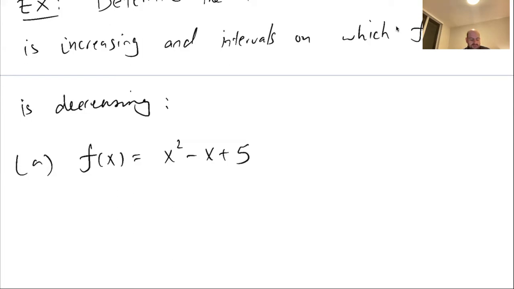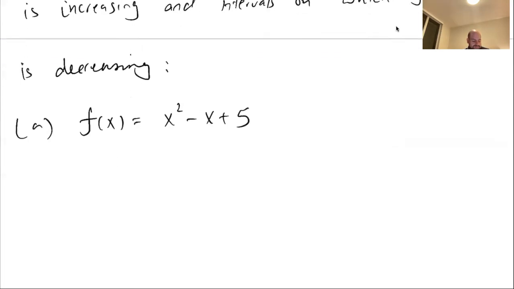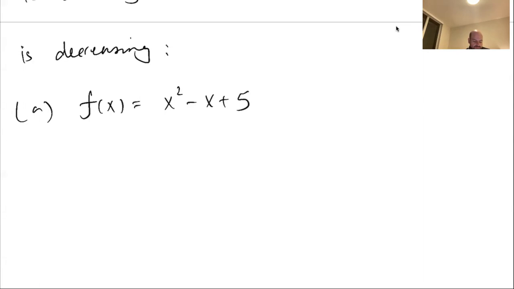So what is the derivative of this function? Solution. f prime of x is 2x minus 1.